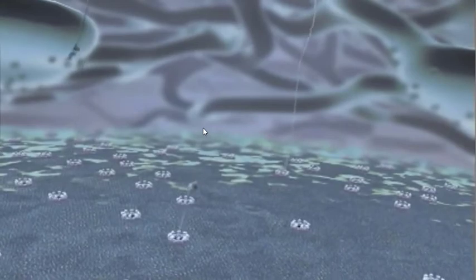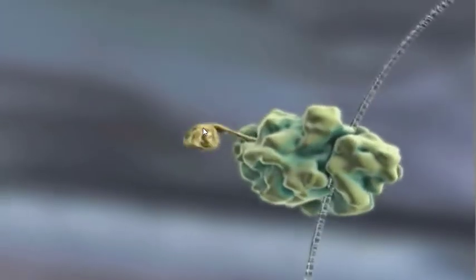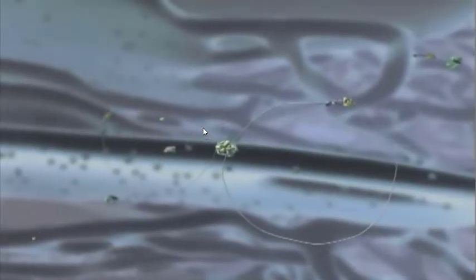Now, out of the nucleus, those are the nuclear pores, comes the RNA. And RNA is translated by ribosomes. So that's the ribosome. It's making the proteins.